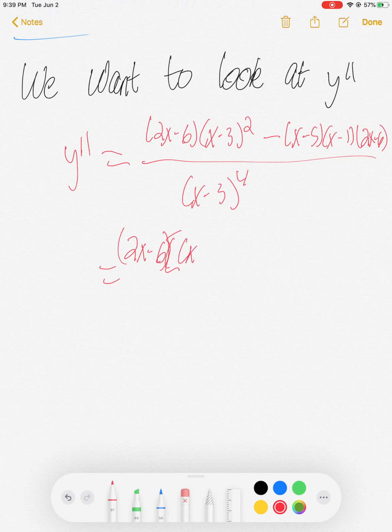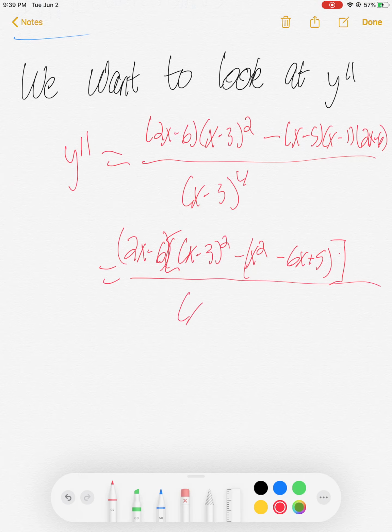Okay. Let me see what simplification I can do. So I can pull out a 2x minus 6 up here. And multiply that all by x minus 3 squared minus, let's go ahead and multiply things out again to make things easier. So we can see if we can cancel some stuff.